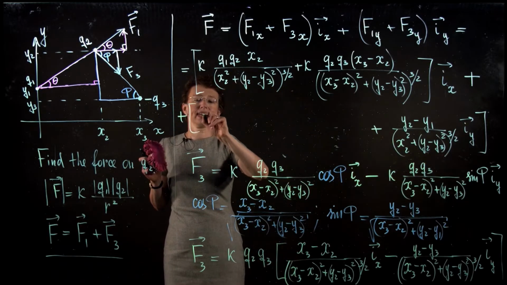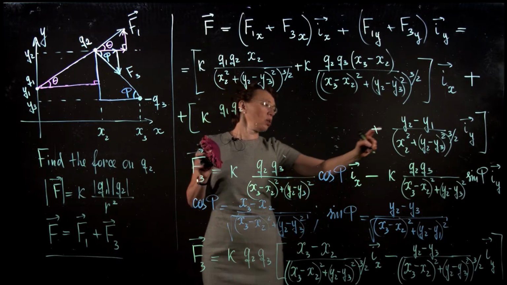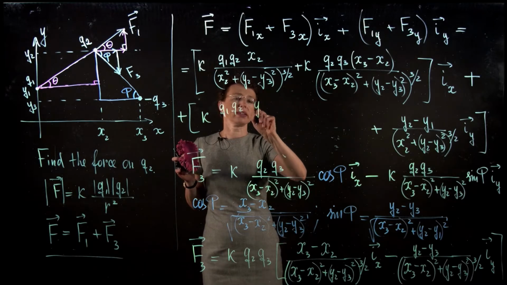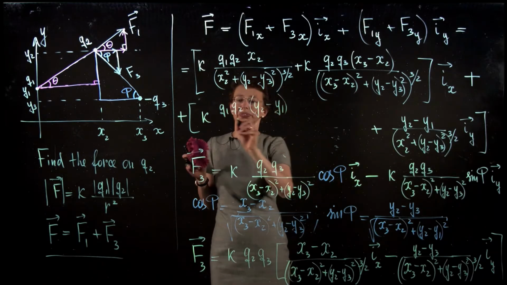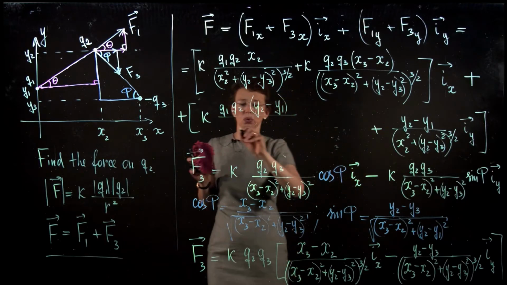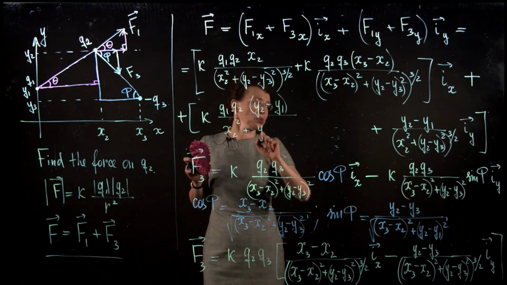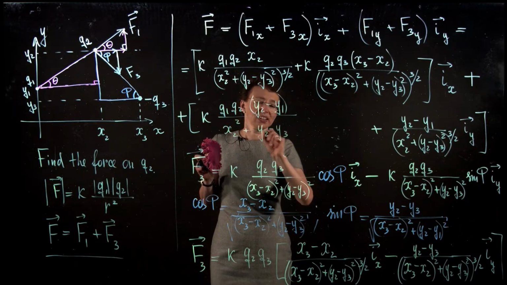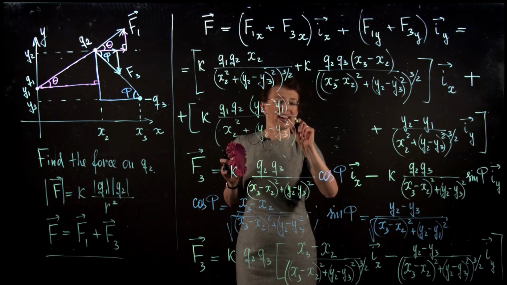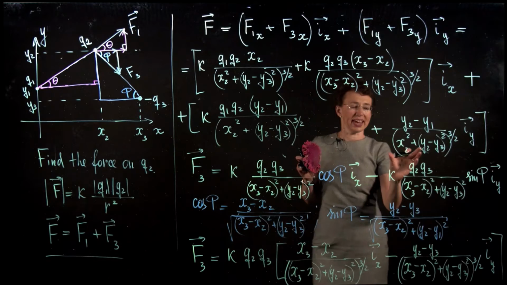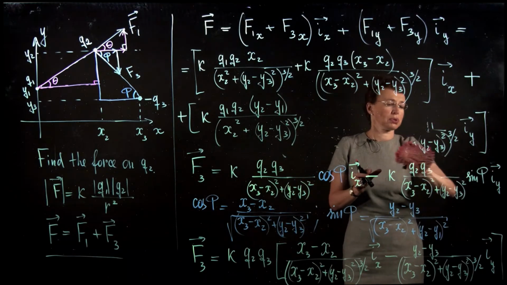We have k q1 q2 and then y2 minus y1, divided by x2 squared plus y2 minus y3 squared, and all this to the 3/2. This is F1y. We don't need it anymore. We brought it here.